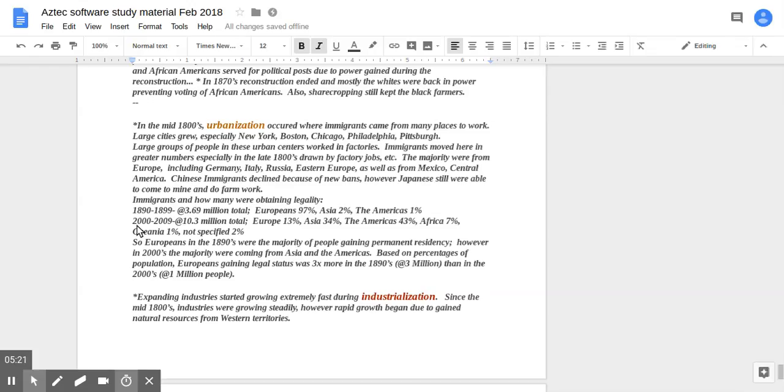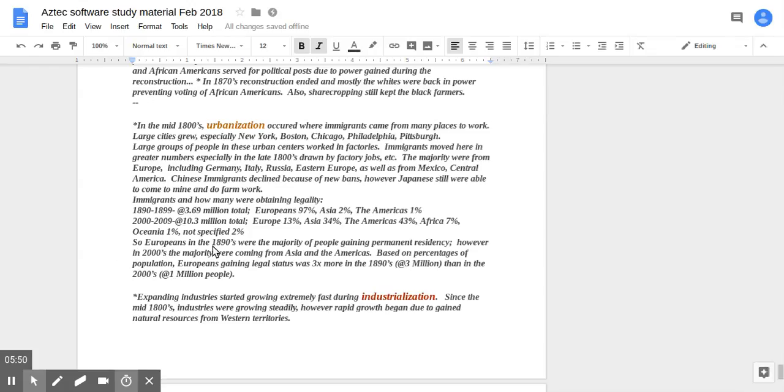And then from 2000, about 100 years later, to 2009, the immigrants getting legality is about 10.3 million. Of this, Europeans 13%, Asia 34%, Americas 43%, Africa 7%, Oceania 1%, and not specified 2%.